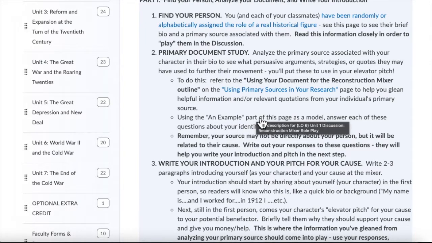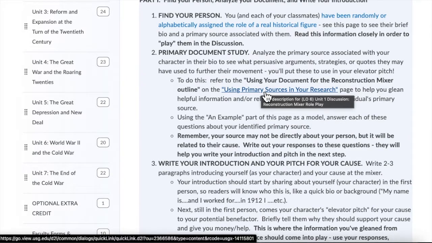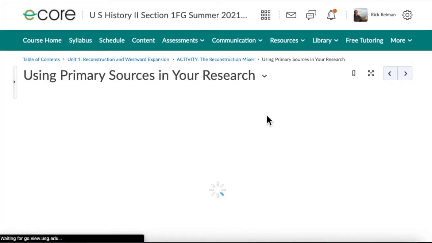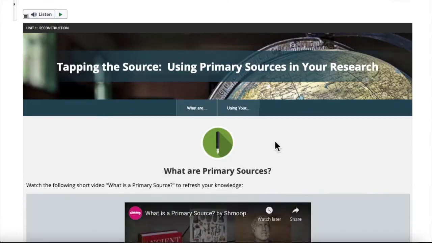Now, how do you use primary resources? Well, this tells you how, and this is also something you need to look at before you even attempt to write or even read your primary source.